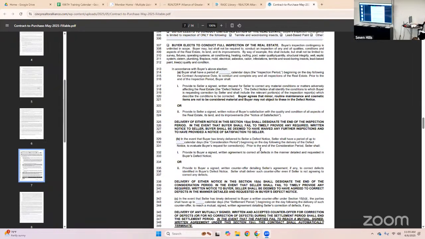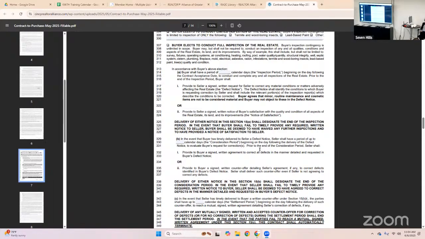So in accordance with buyer's above election, buyer shall have a period of blank calendar days for the inspection period on the day following the contract acceptance date. So if they want to do a survey, that has to be within the same time frame as the inspection period in Ohio. Is that Ohio or Kentucky? This is Ohio. It probably is close to the same in Kentucky. I believe it probably would be.